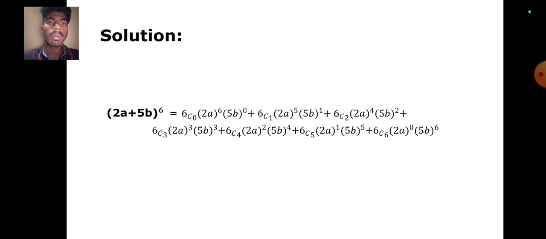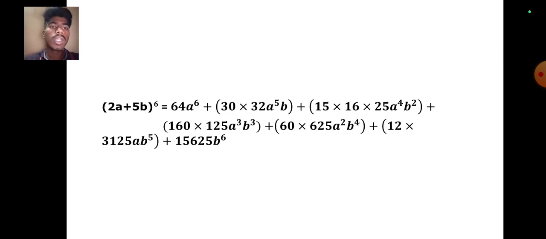Now (2a plus 5b)^6 is equal to 64a^6 plus 30 into 32 into a^5 b plus 15 into 16 into 25 into a^4 b^2 plus 160 into 125 into a^3 b^3 plus 60 into 625 into a^2 b^4 plus 12 into 3125 a b^5 plus 15625 into b^6.